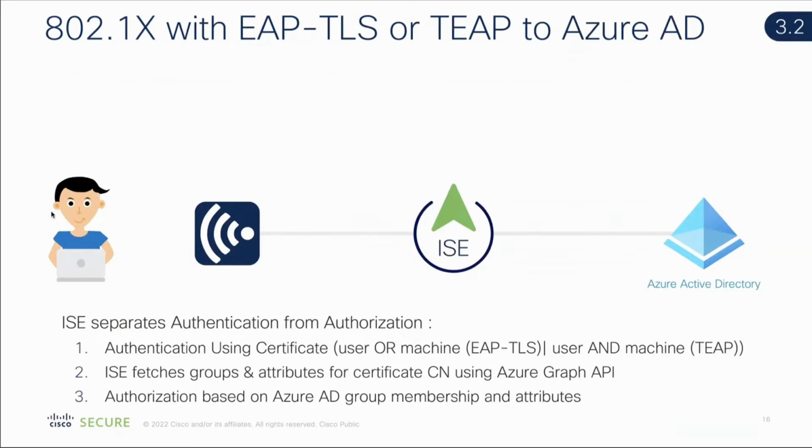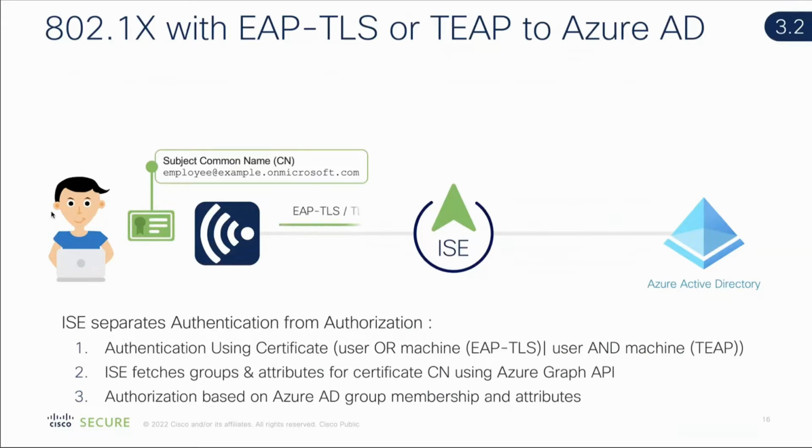So here's how this works. You have a certificate on your client, and it has a subject common name that needs to match the full, they call it the UPN in Azure Active Directory, but it needs to match exactly your username in Microsoft's Azure Active Directory. We send it over using EAP-TLS or TEAP into ICE. ICE can then apply a certificate authentication profile to make sure it matches against known certificate authorities in ICE.